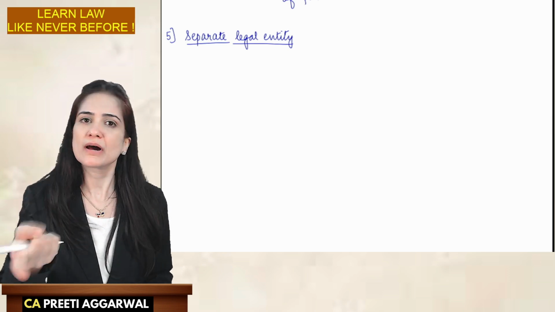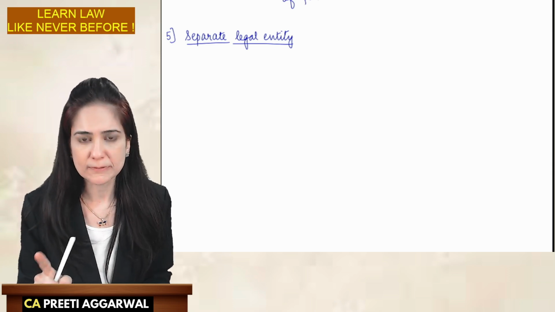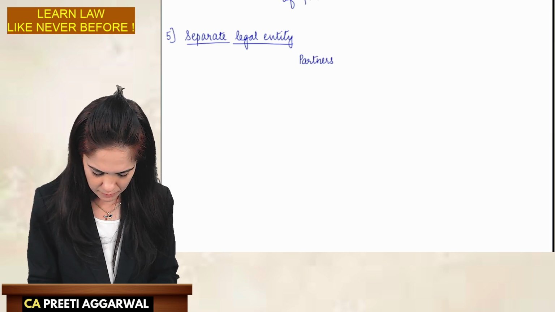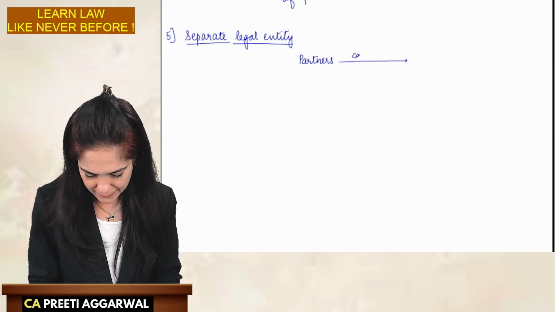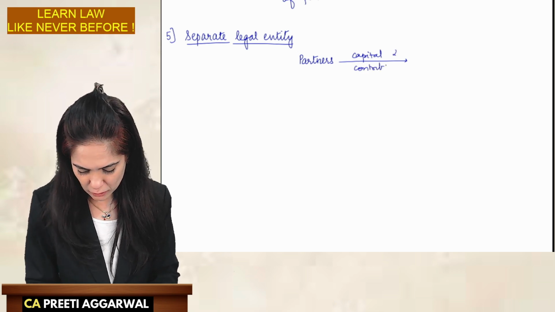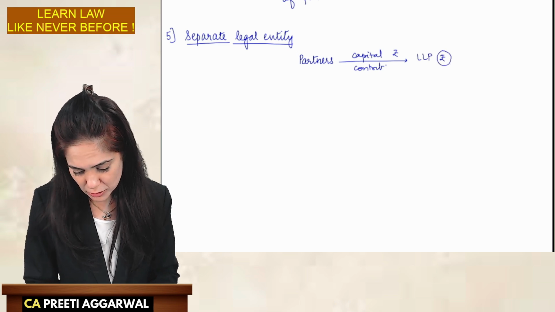Creditors of LLP are creditors of LLP and not of the partners. Now, when the partners give capital contribution to the LLP, that money now belongs to the LLP.